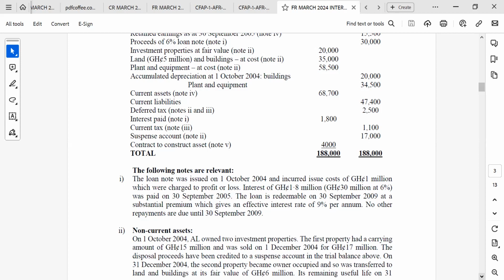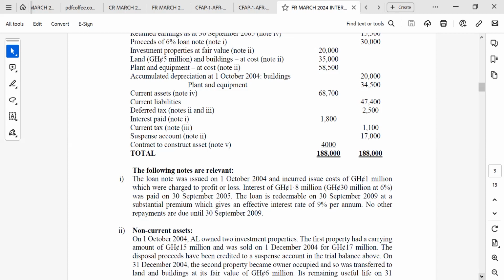Okay. Let's look at this one. The loan note was issued on 1st October 2004 and incurred issue cost of 1 million, which were charged to profit or loss. What should be the treatment for the issue cost?